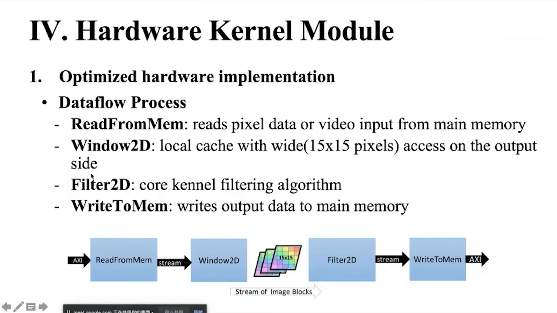It will generate the 15 times 15 input pixels and send them to the function filter 2D. In this function, it will calculate the sum of products of the submatrix and the filter. And then we'll write the output pixel to the memory.